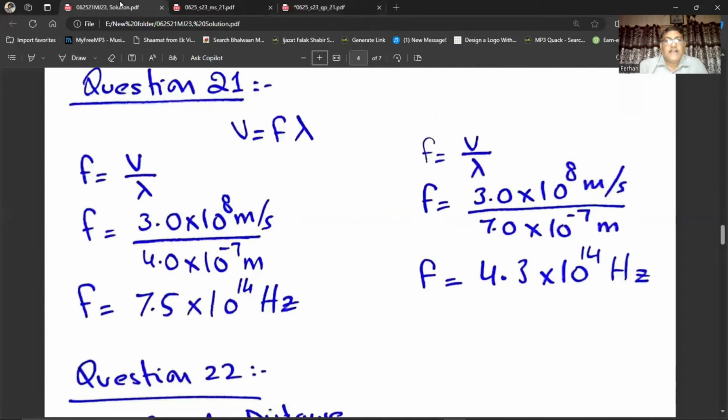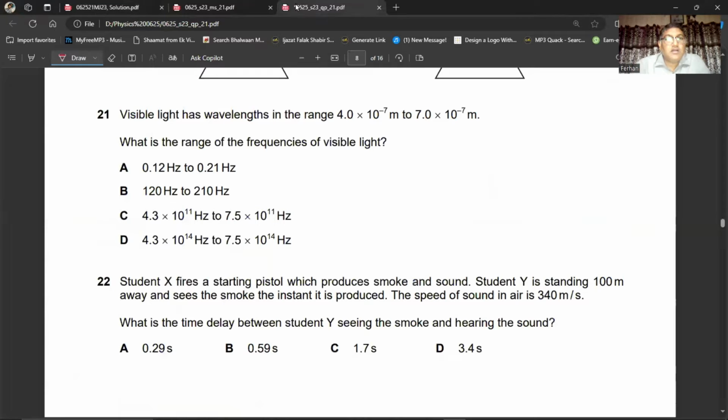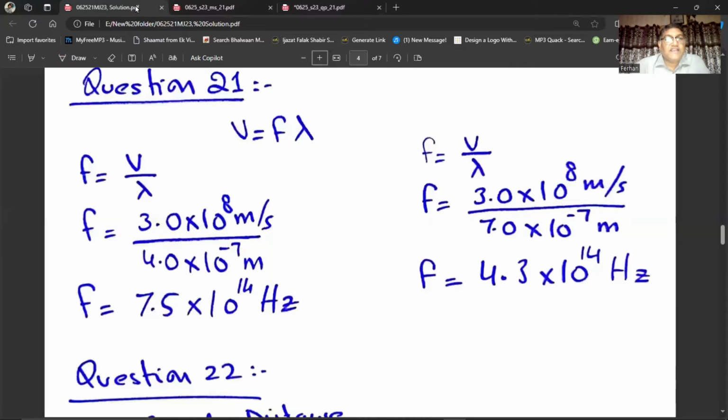You know that v equals f lambda. The speed of the light is 3 times 10 to the power 8 meter per second. There are two wavelengths given. One is 4 times 10 to the power minus 7 meter.